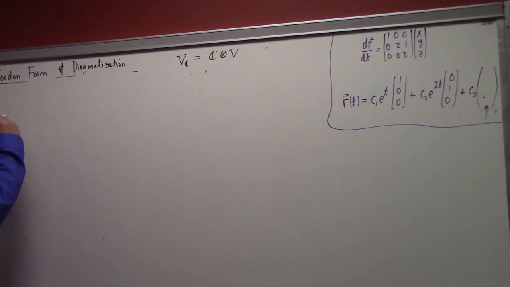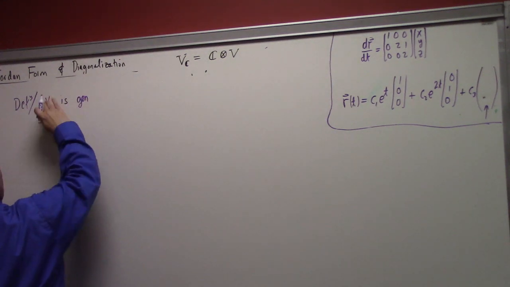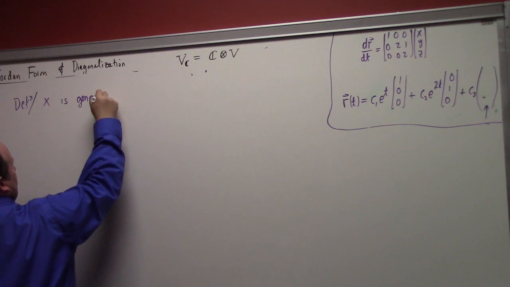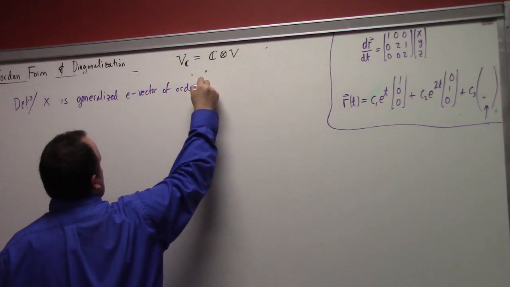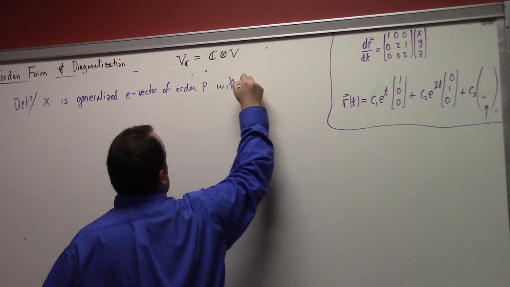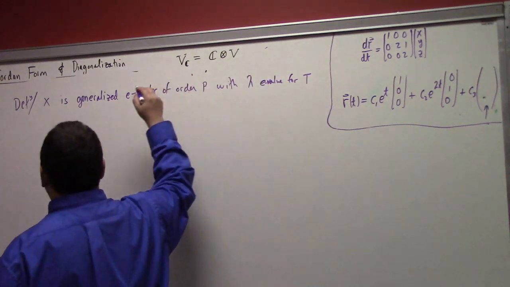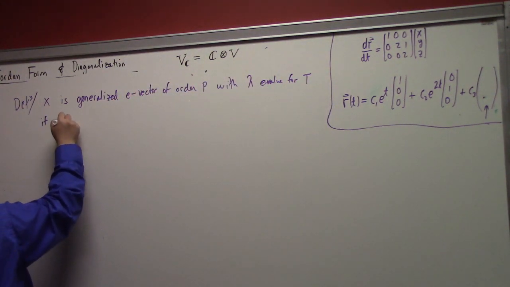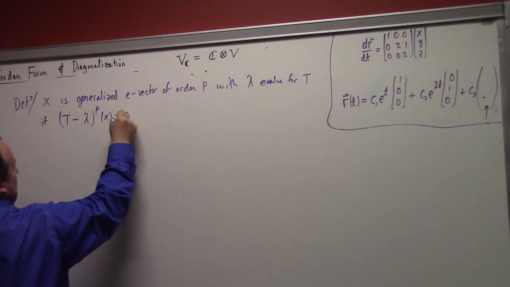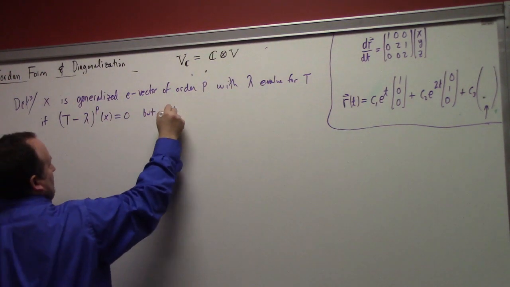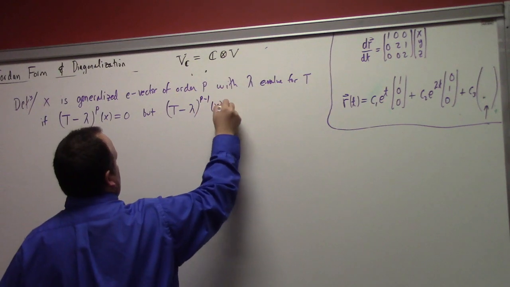So anyway, definition. X is a generalized eigenvector of order P with eigenvalue lambda for T if (T minus lambda) to the power P acting on X is equal to 0, but (T minus lambda) to the P minus 1 acting on X is not equal to 0.